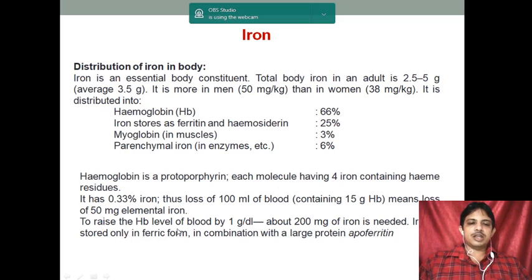Iron is stored in the ferric form in combination with a large protein like apoferritin.